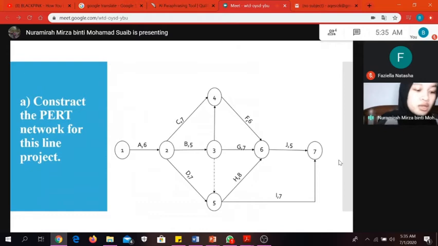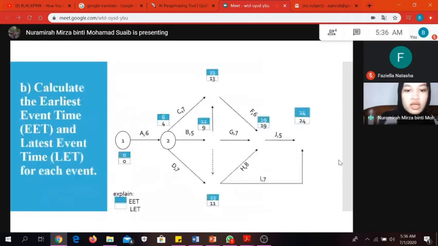Activity B and D are different nodes, so we should put in a dummy so they can become one activity.